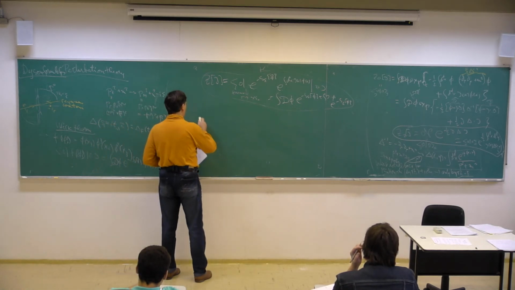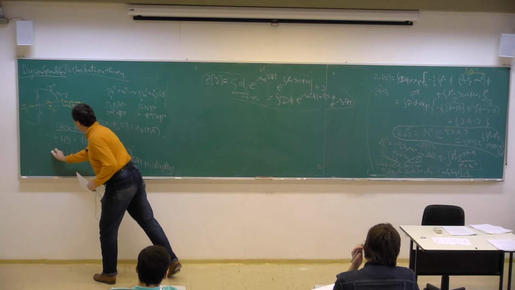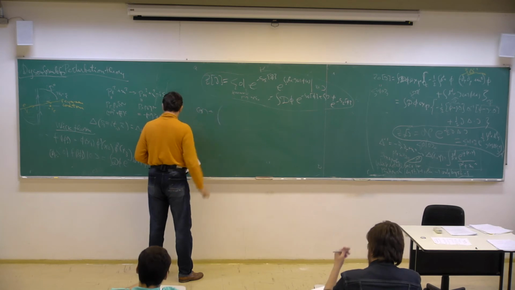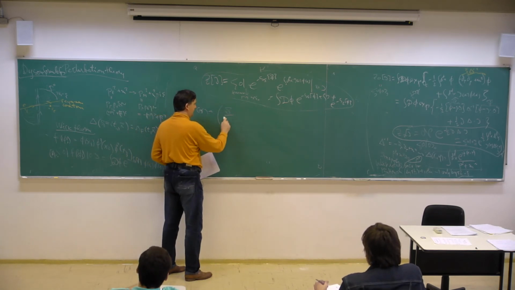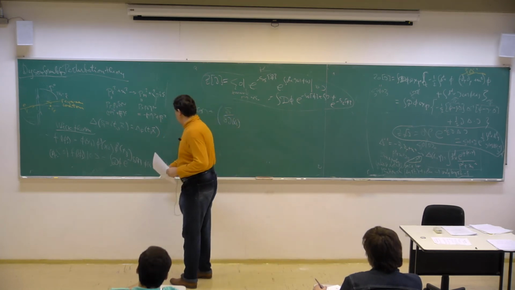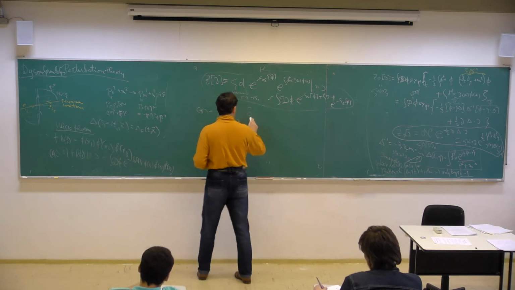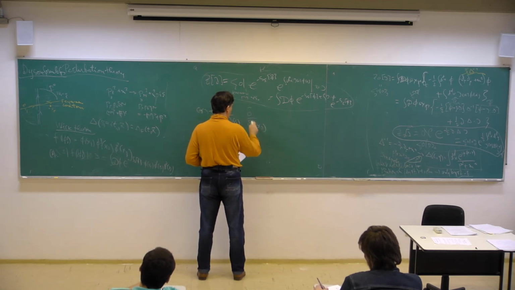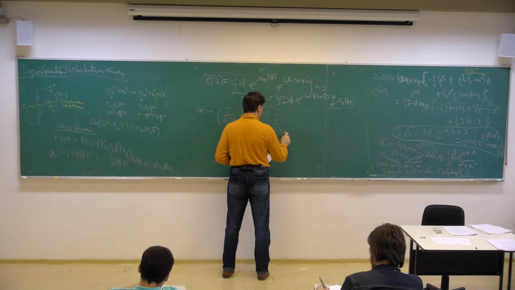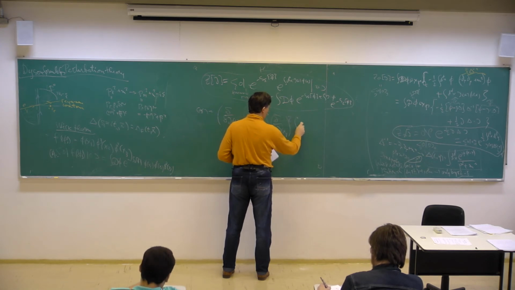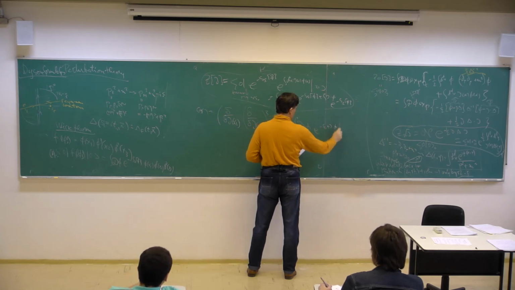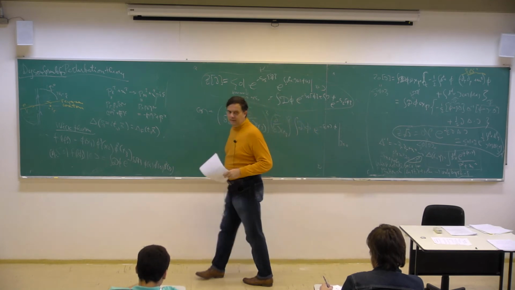So I write this as, to obtain phi, I just take d/dj of x1. Then to obtain phi cubed of x2, I take d/dj of x2 cubed. Then d/dj of x3, say squared, on this path integral of d phi, e to the minus S0 plus j phi, and putting j equal to 0.